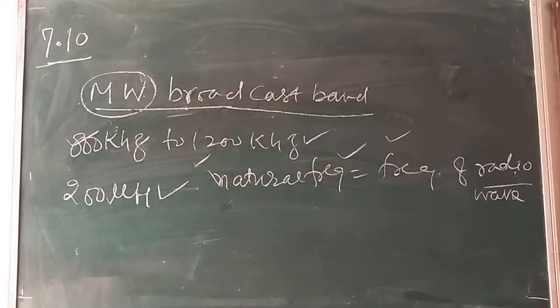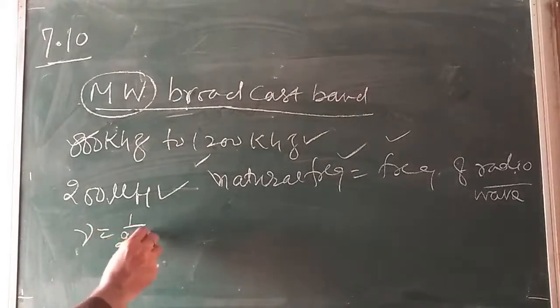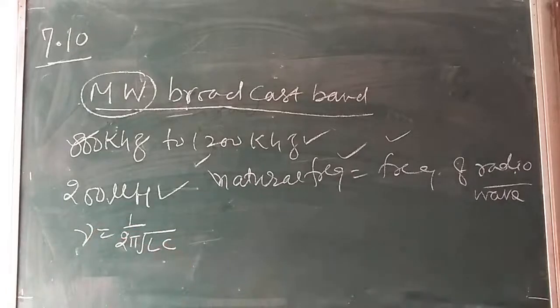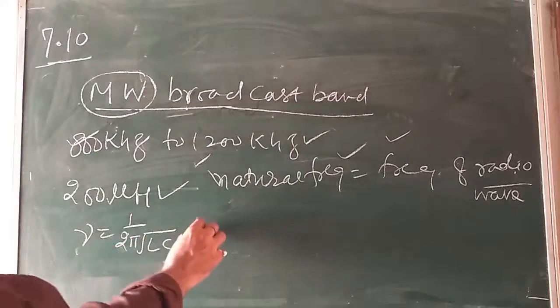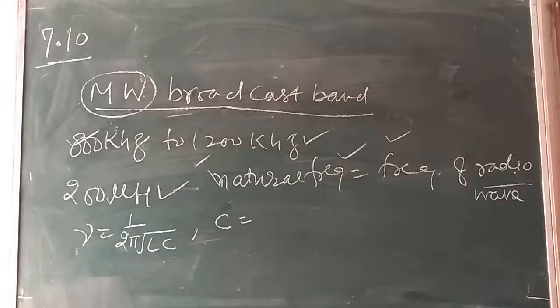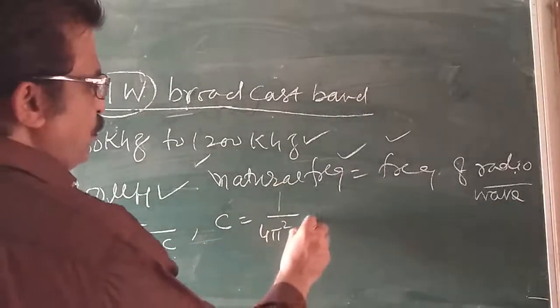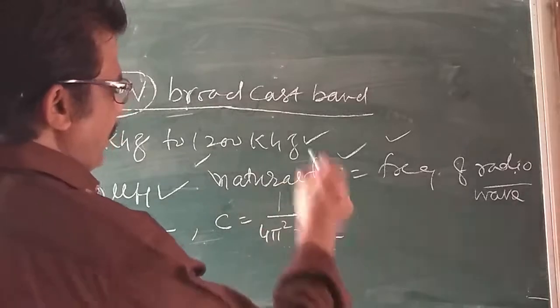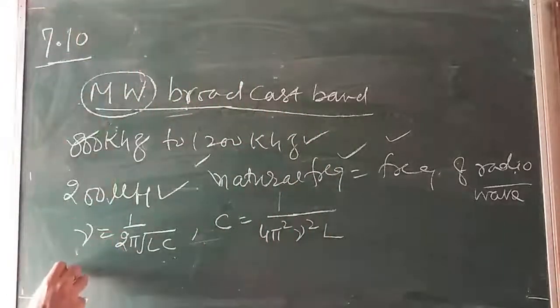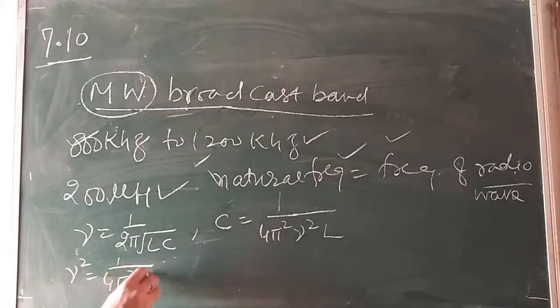We know the formula of frequency. Nu is equal to 1 upon 2 pi under root of LC. This is our formula. I want to find out C. So square both the sides: nu square is equal to 1 upon 4 pi square LC.